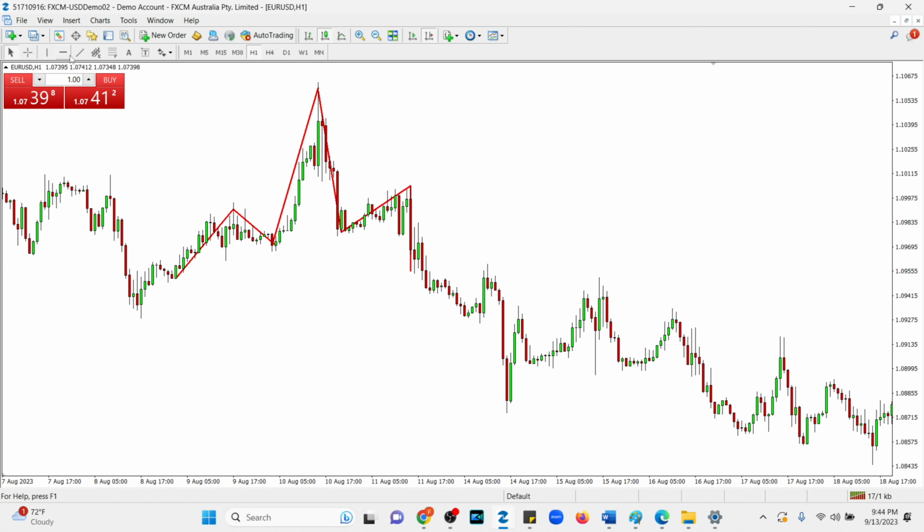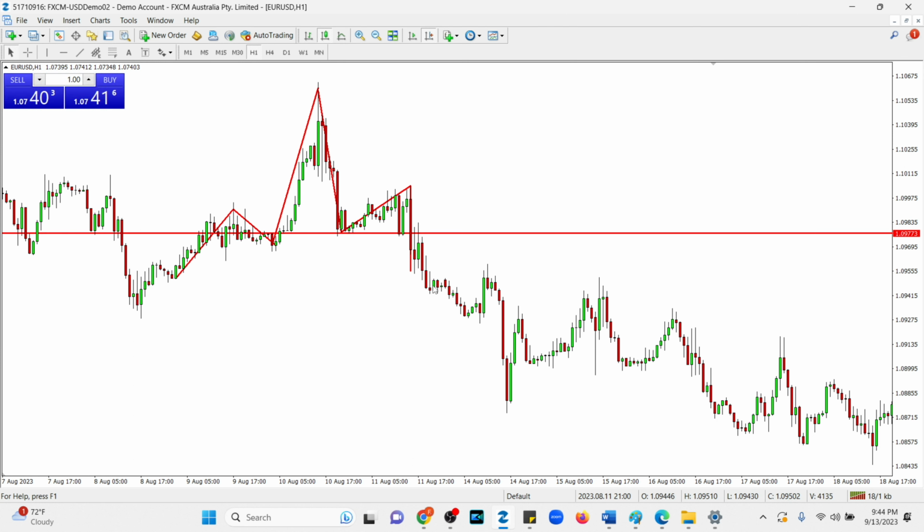If your strategy is for the candlestick to close below the right shoulder, once the candlestick closes below the right shoulder, you should always enter your trade. So you should always trade, take a profit or a loss, and move on to the next trade.